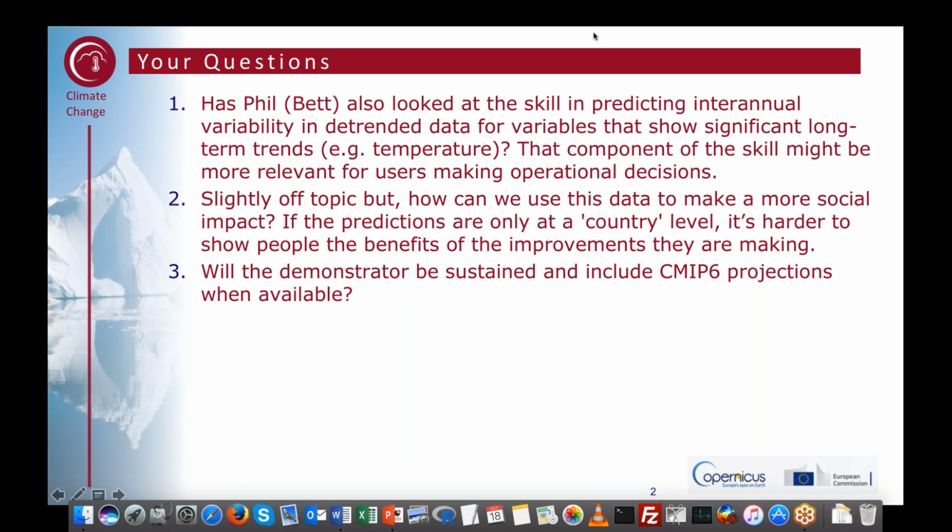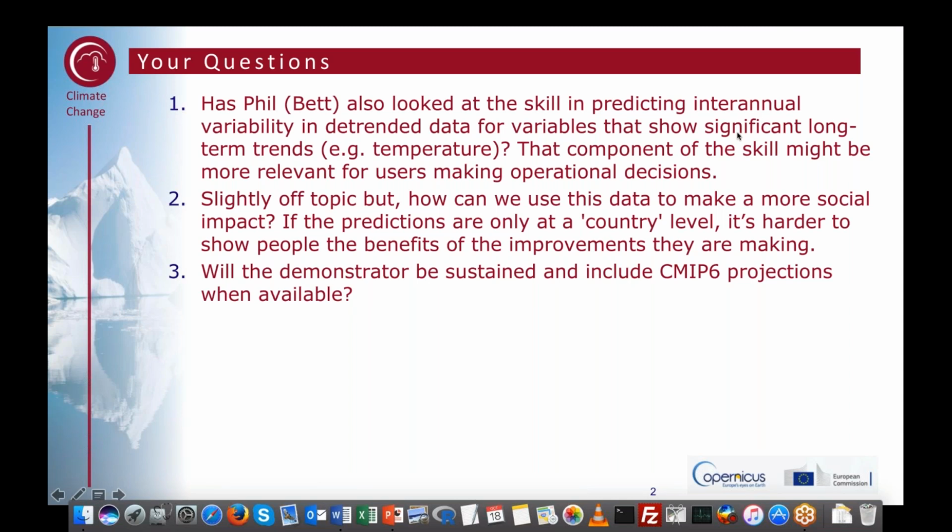Otherwise, we'll keep going for a little while, maybe 5–10 minutes over. We've got 3 questions here, so I'd like to ask Phil Bett to answer the first question, please, about the skill and the interannual variability in the trended data. Over to you, Phil, please.